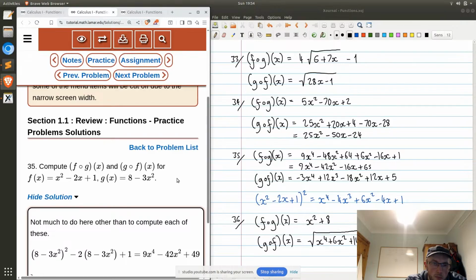Nine x squared minus 9x to the 4 minus 48x squared plus 64. Okay, that part's right. And then negative 2 lots of that. So 6x squared, would it be minus 16x? Minus 16, just minus 16.